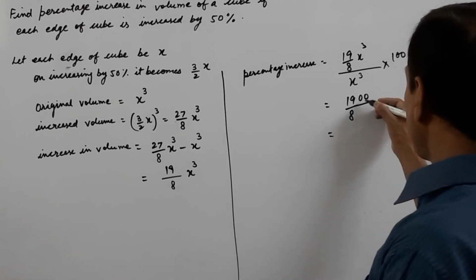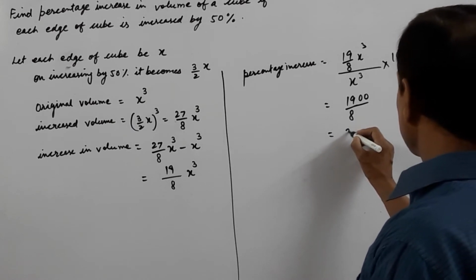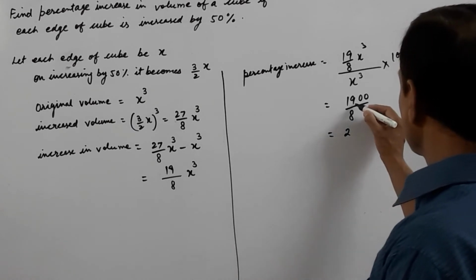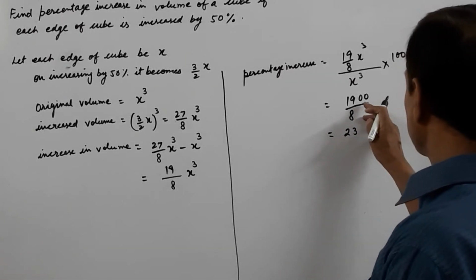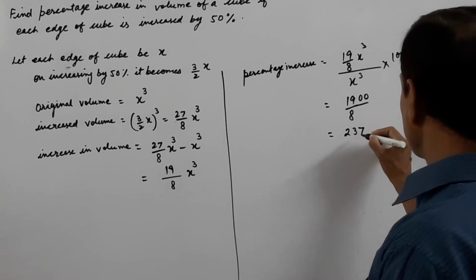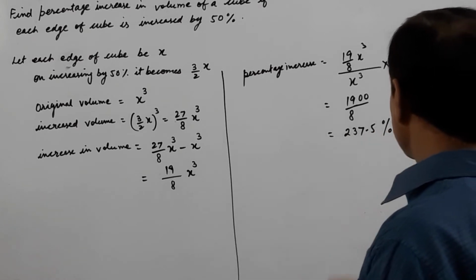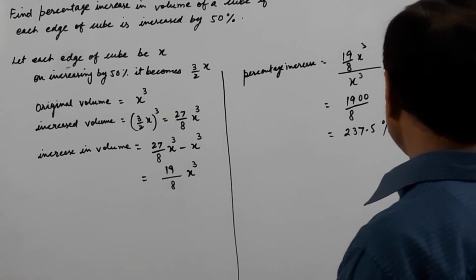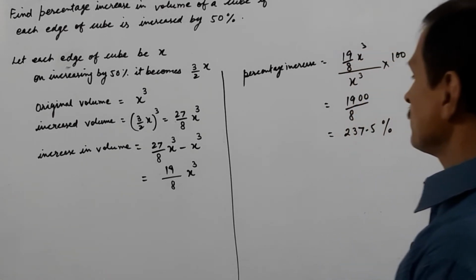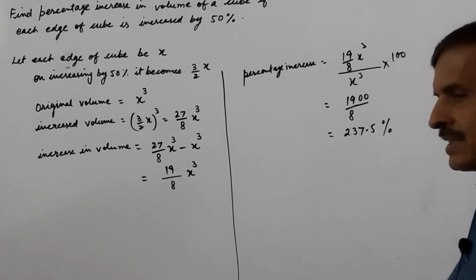So 1900 upon 8 is equal to 237.5%. So percentage increase is equal to 237.5%.